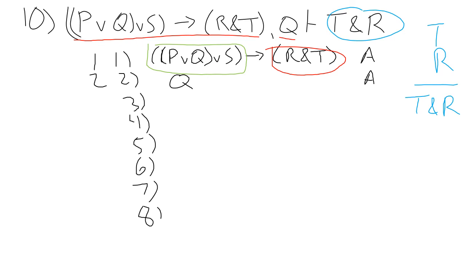So what's the main operator in the antecedent? Because that's the only way we're going to free up the R and T. Well, it's this wedge right here. So I need P or Q or S by itself. I don't have S. I don't have P or Q, but I can make P or Q by wedging in the P to the Q and 2.